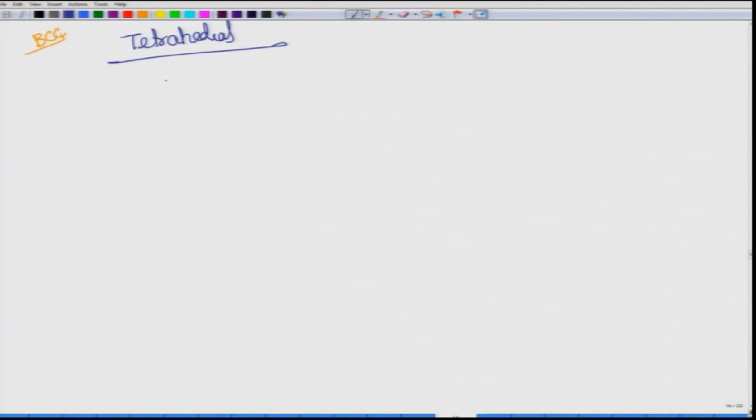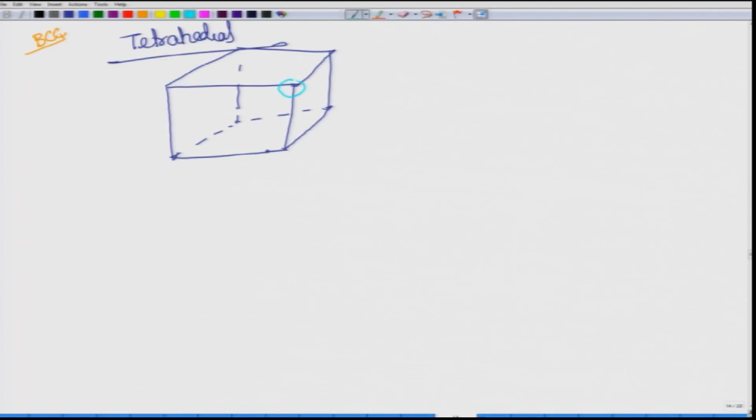So, before we forget, let me draw this to be able to show it. So, let us draw the atoms. These are the corner atoms.